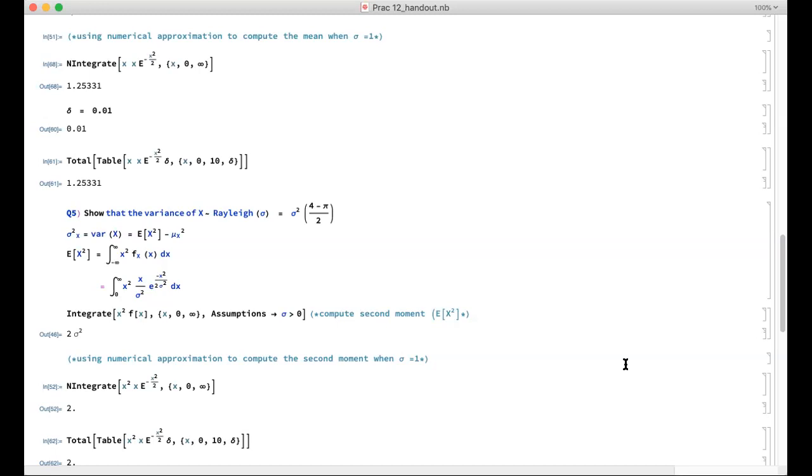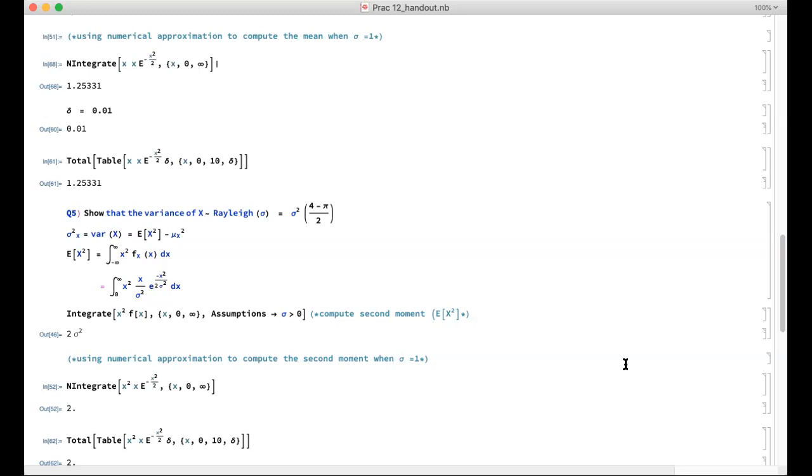So starting with the expected value of x squared, which is the integral from 0 to infinity of x squared times f(x). Then I said this is using the integration by parts formula.